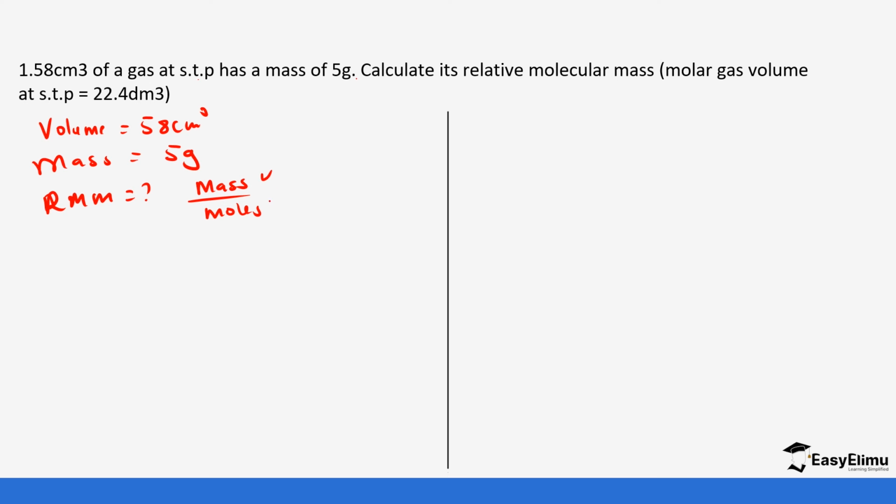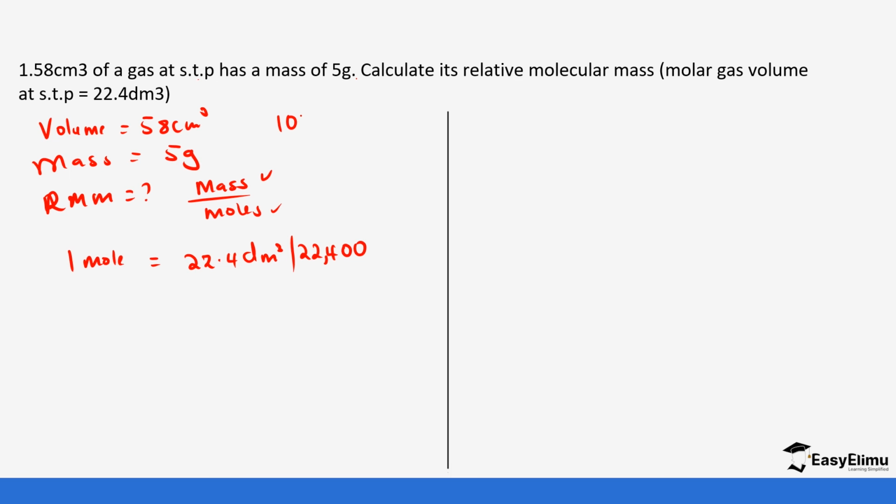We already have the mass, so we are going to calculate the moles, and we can get the moles using the molar gas volume. We know that at STP 1 mole is equal to 22.4 dm cubed, or 22,400 centimeters cubed.